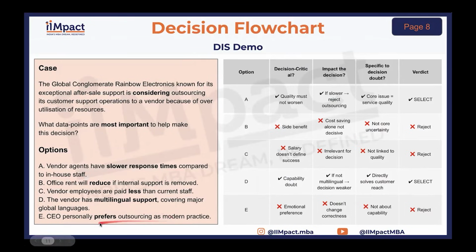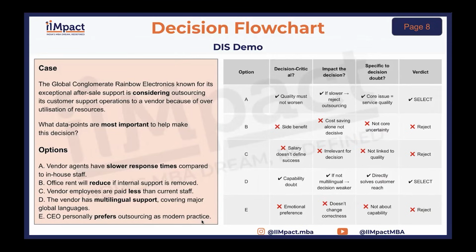CEO personally prefers outsourcing as modern practice. I mean, this is an emotional preference. They have not really given us any data point to support why the CEO is leaning toward this. So it's not decision critical whether the CEO prefers this or not. Again, it does not impact the correctness of the solution.